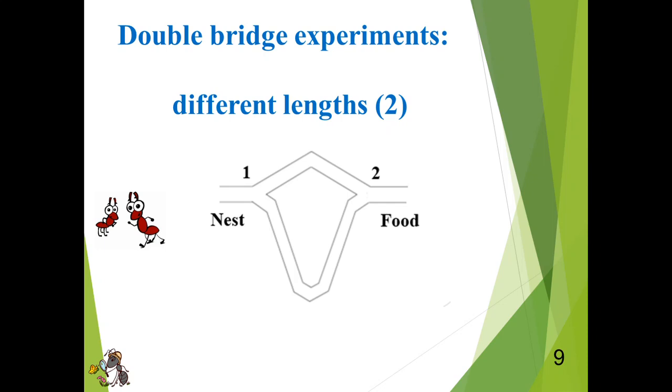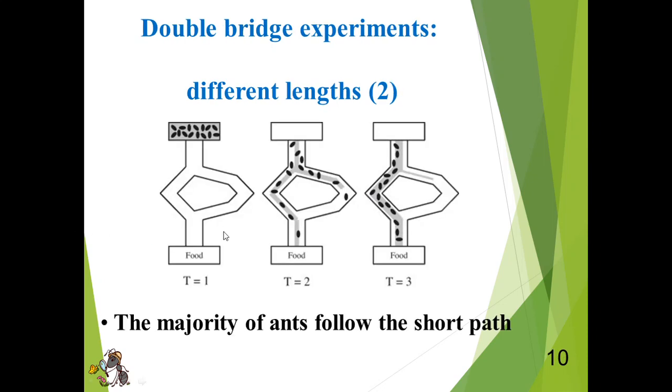If the paths are of different length, in the first loop, at T is 1, we know the ants are divided into two paths.